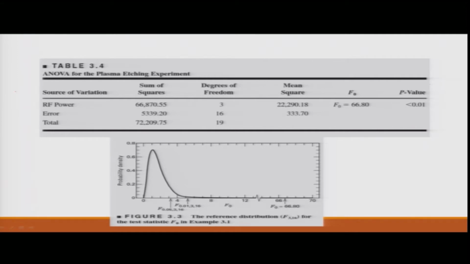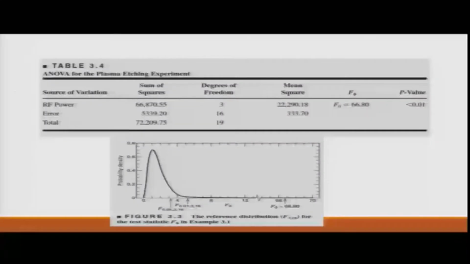The mean square is given for power, the factor A, because remember A was 160, 180, 200 and 220, so 4 levels. The mean square is 22,290. Again I am not mentioning the decimal. The mean square corresponding to the error is 333. The F value comes out to be 66.8, and obviously we take decisions accordingly.